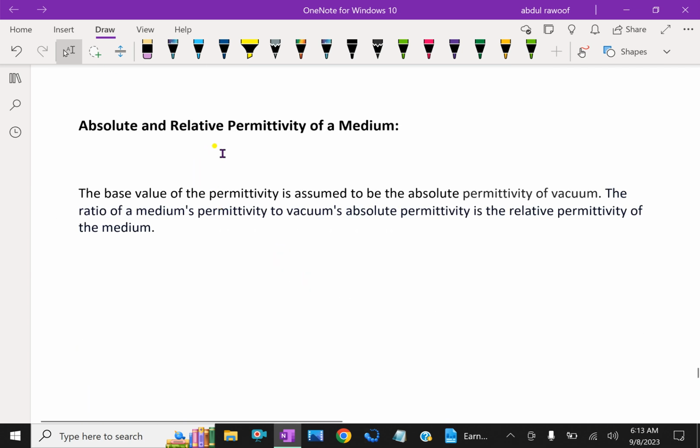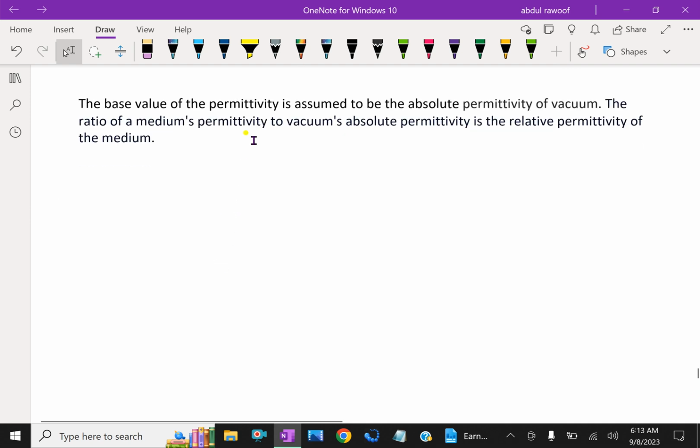Absolute and relative permittivity of a medium. The base value of the permittivity is assumed to be the absolute permittivity of vacuum. The ratio of the medium's permittivity to vacuum's absolute permittivity is the relative permittivity of that medium. Now, here let epsilon 0 be the absolute permittivity.